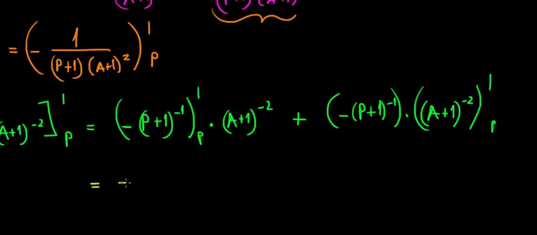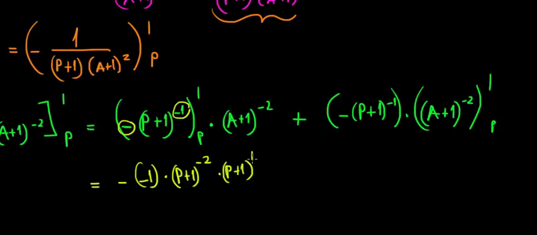Well, minus, we keep it from here, but then what is the derivative of p plus 1 to the power minus 1? We have a power, so we can use the power rule, which will be minus 1 times p plus 1 to the power of minus 1 minus 1, which is minus 2, times the derivative of p plus 1, because this is the chain rule, it's an expression of p, multiplied with a plus 1 to the power of minus 2.